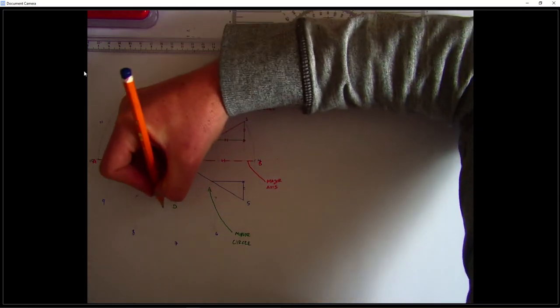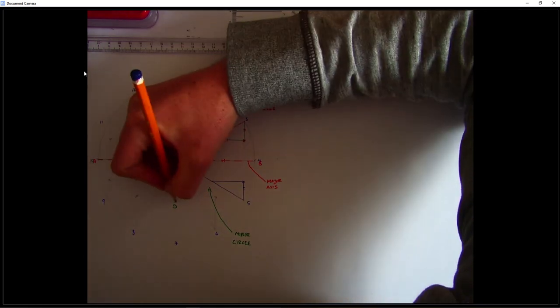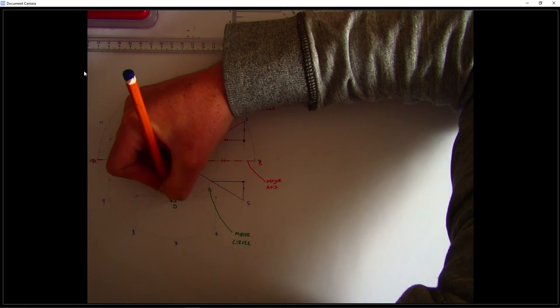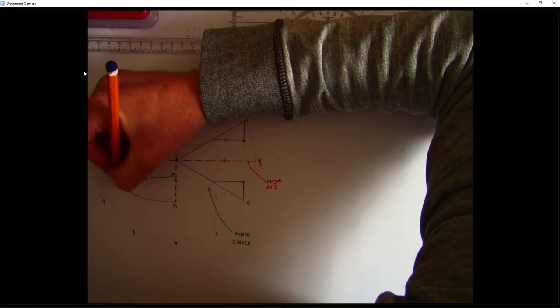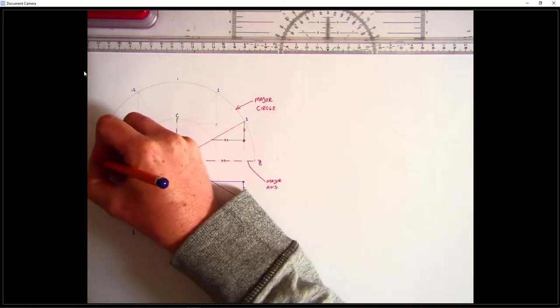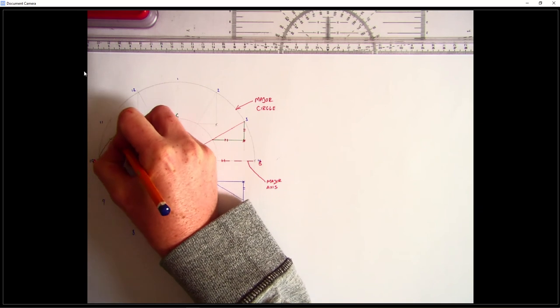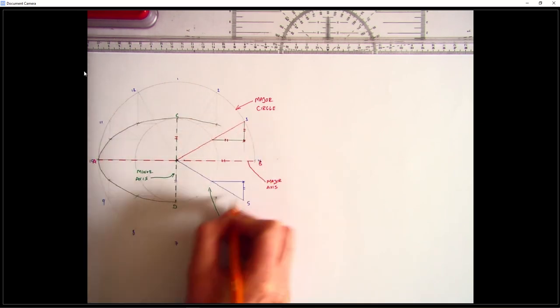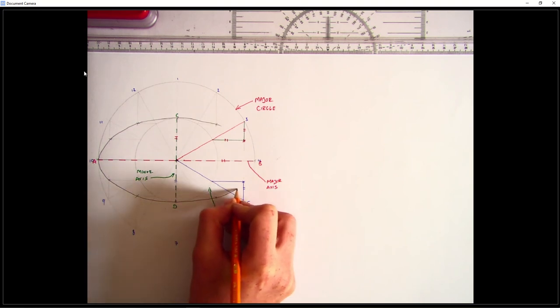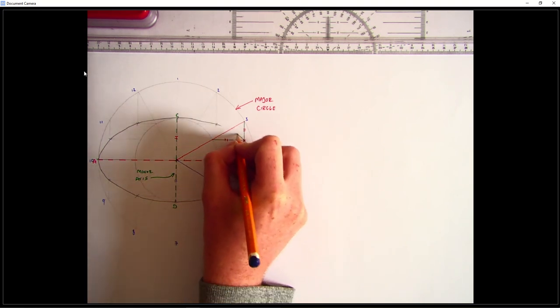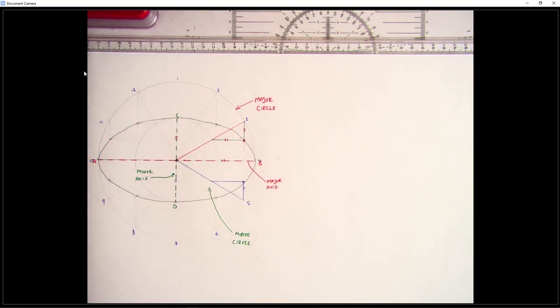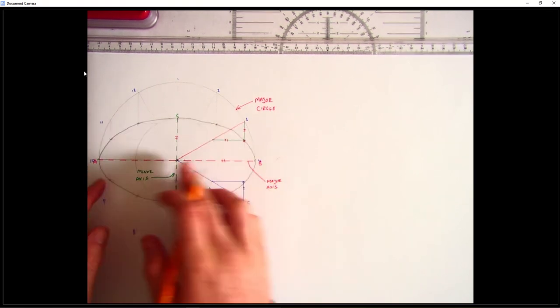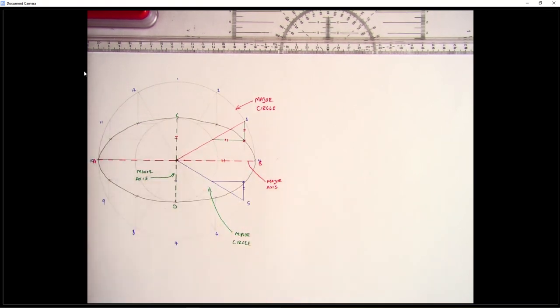I'm simply going to use freehand sketching and try to keep it as one continuous line, and draw in the ellipse. Like that. And that's our elliptical curve completed. And we see that all these are perpendicular to each other.